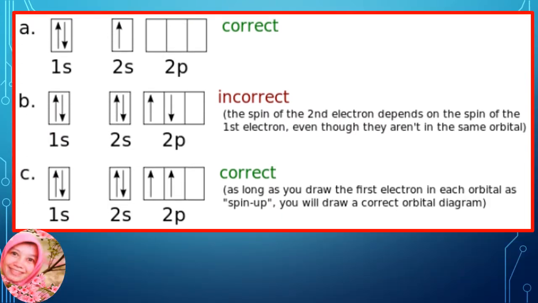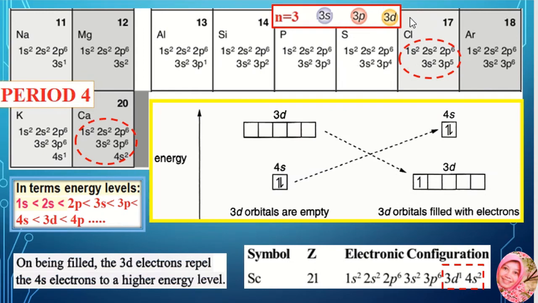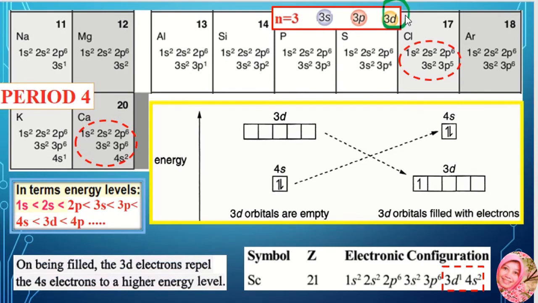Now, recheck your understanding. Students, notice that even though chlorine atom has 3d orbitals, they are not occupied. Electrons do not occupy 3d orbitals until the 4s orbital is filled. The 4s orbital will start to be filled for elements in period 4, as you can see here.